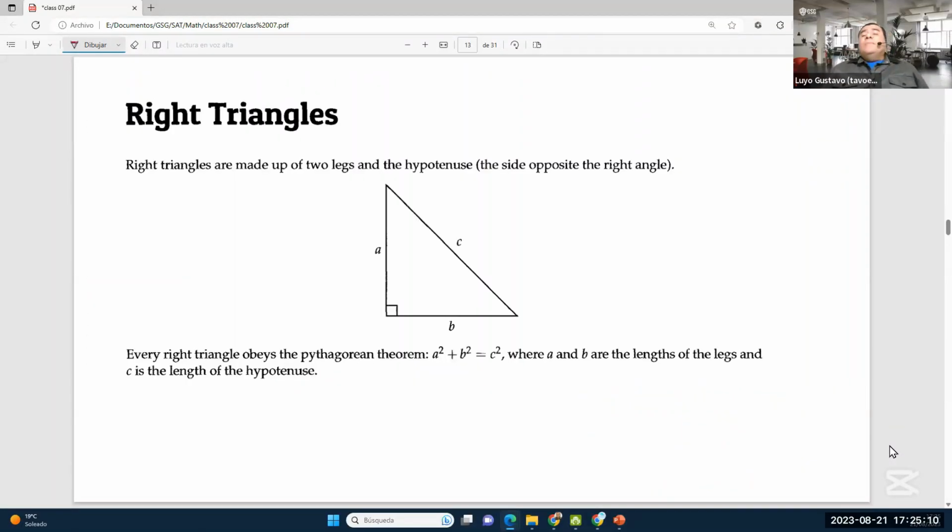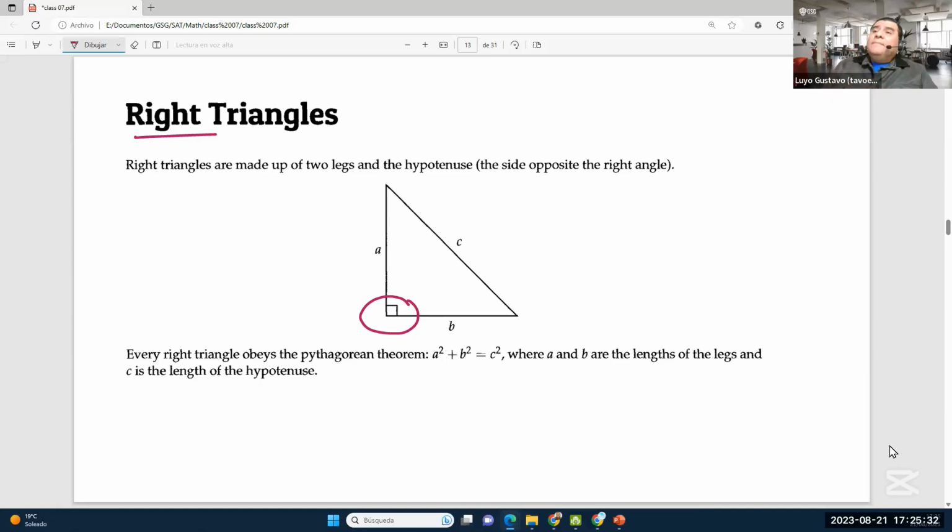Now, remember some properties about right triangles. When we talk about right triangles, well, the expression right triangle makes reference that it's a triangle that has a right angle or a 90-degree angle, right? Like the corner of a square, right?